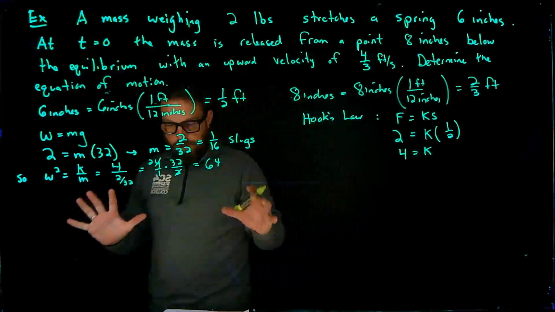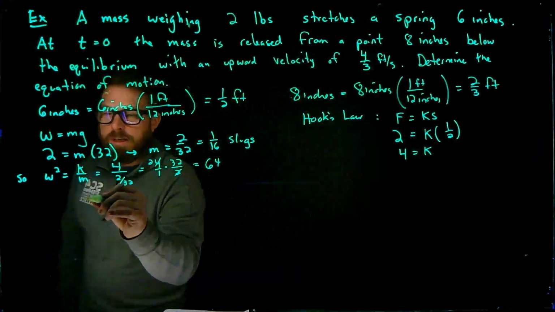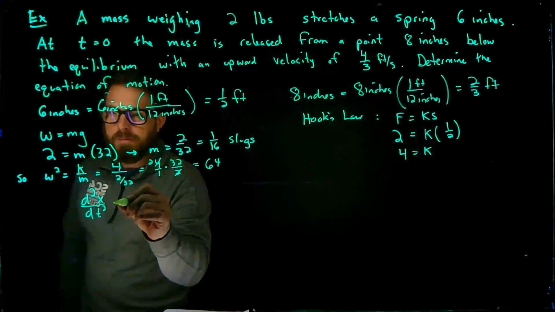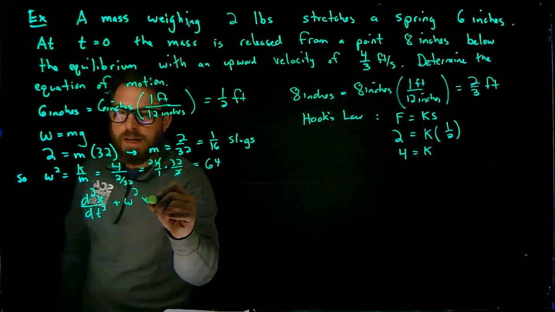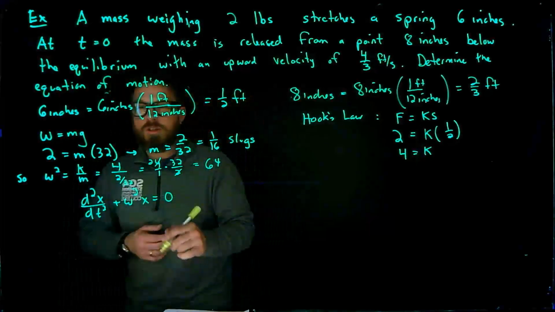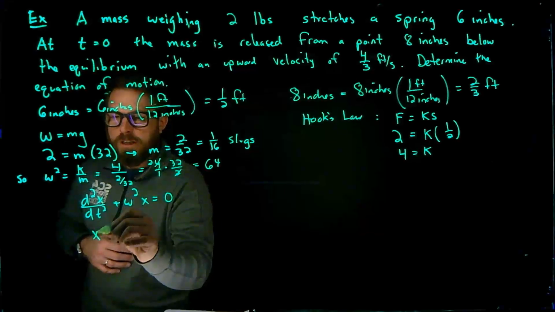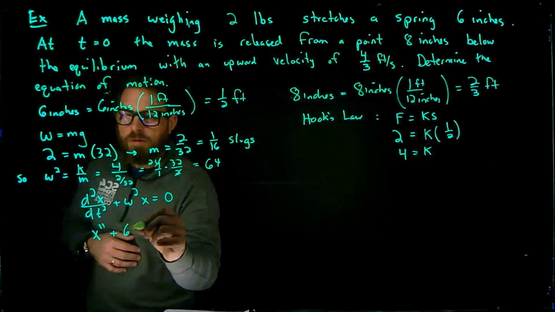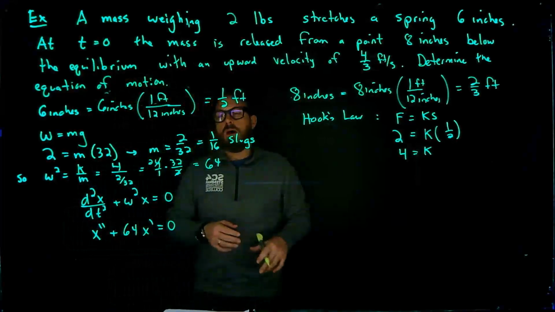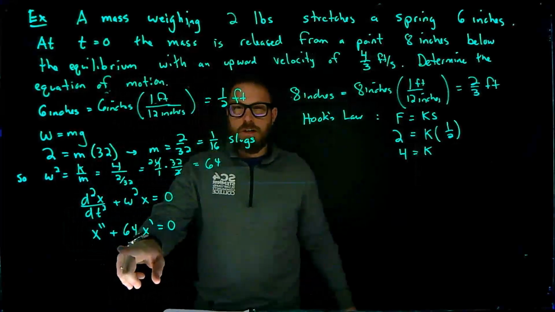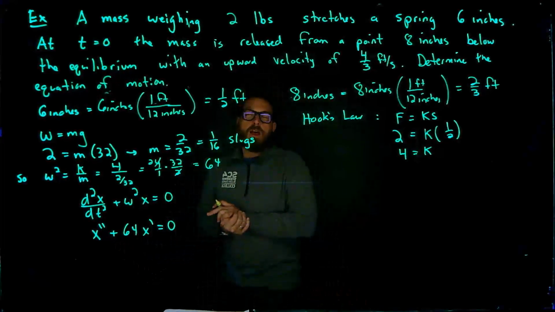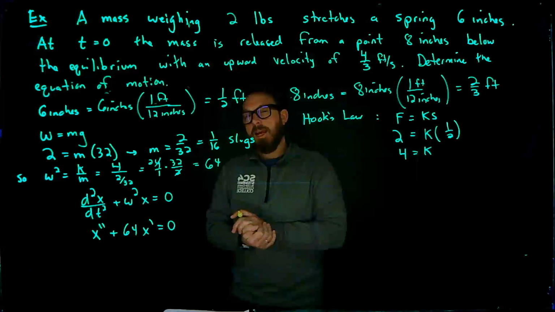So finally, our differential equation. What we know is that the second derivative of x with respect to time plus omega squared times x is equal to 0. And what we know is omega squared is equal to 64. So if you prefer, this is second derivative plus 64 x is equal to 0. We know that we're going to get the solution to this using the auxiliary equation, the characteristic equation, of 0 plus or minus 8i.